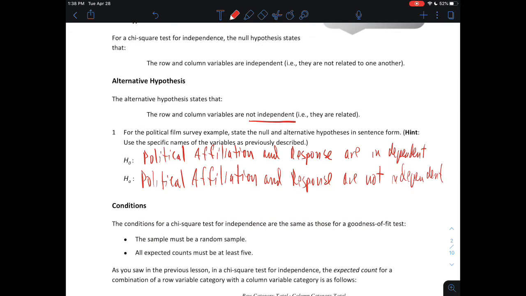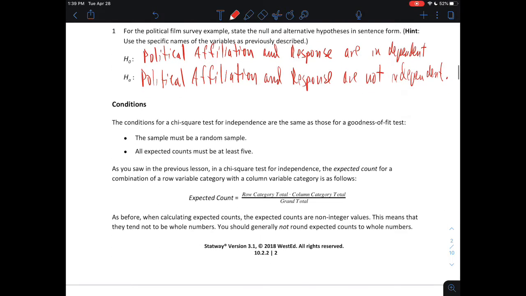So conditions. The conditions for a chi-square test for independence are the same as those for a goodness of fit test. First, the sample must be a random sample, and then all expected counts must be at least 5. As you saw in the previous lesson, in a chi-square test for independence, the expected count for a combination of a row variable category with a column variable category is as follows.